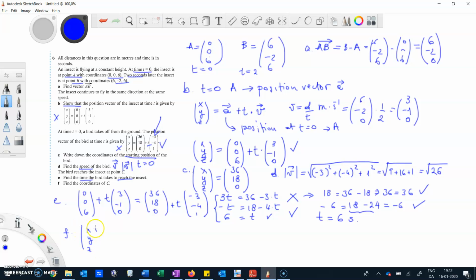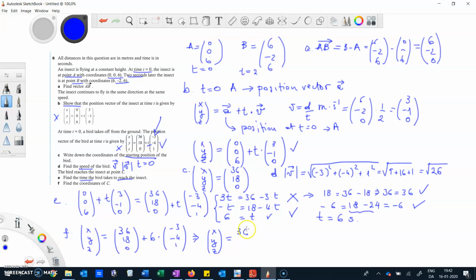That is just giving me the coordinates of point C. And I'm just going to insert 6 seconds for t. In this way, what I get is a coordinate for x, a coordinate for y, and a coordinate for z for a time equals 6 seconds.